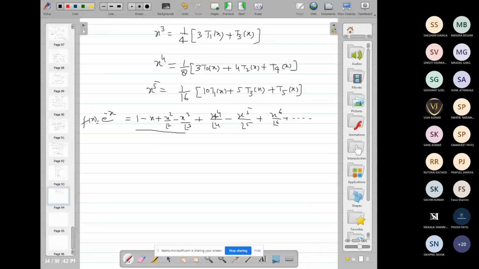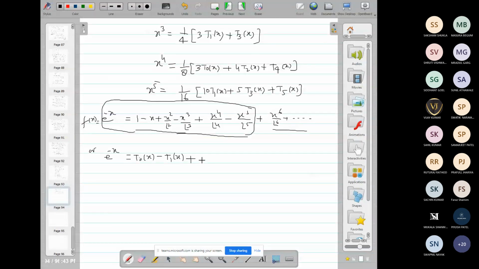Now consider we take only up to the 5th term in the series, up to x to power 5, and if we neglect the terms containing x to power 6 and higher power in x, then this expression becomes this. So now writing this in terms of polynomials, e to power minus x is equal to T0(x) minus T1(x) plus x square.